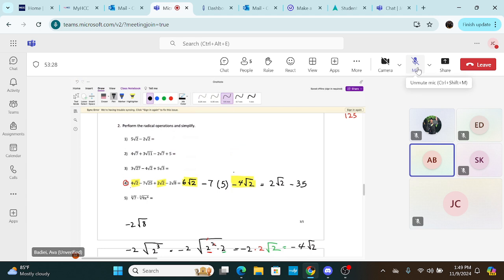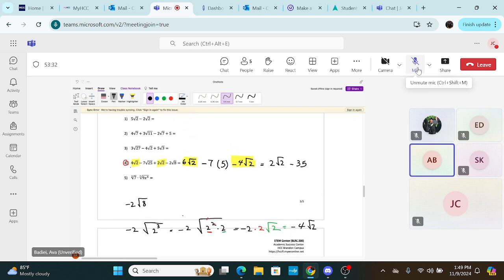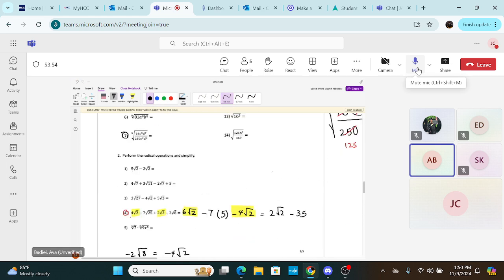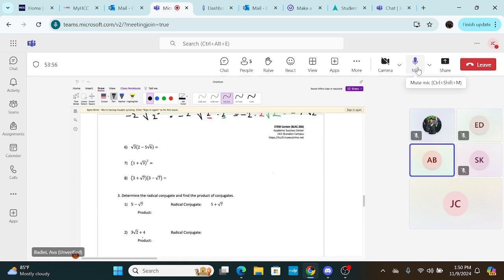So this one was a very good question, and also it had everything. Did anyone understand how I wrote -2 square root of 8 as -4 square root of 2? Is it because that's the same thing? You're just moving around the numbers? I did the same thing that we did up here with simplifying. I did it for 8.